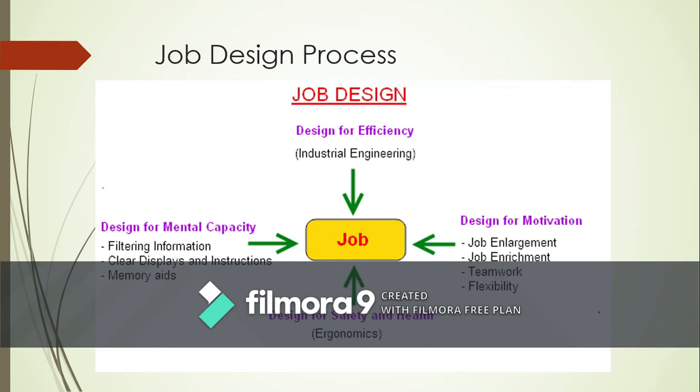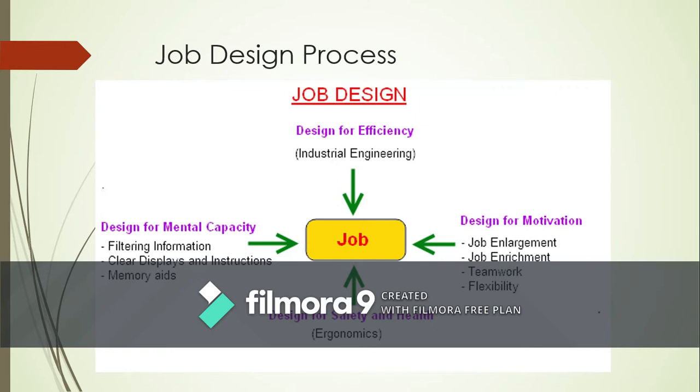Design for safety and health: a job is designed so that he performs it according to the requirements and the best method is found and then used. That is ergonomics. Okay, the hand movements, the leg movements, the most efficient way to complete a specific task without any safety and health hazards.